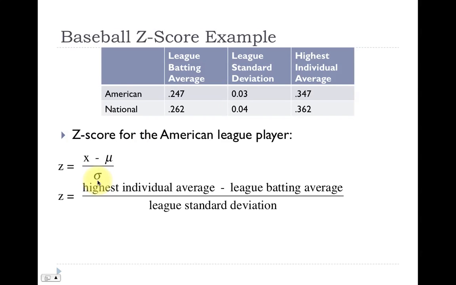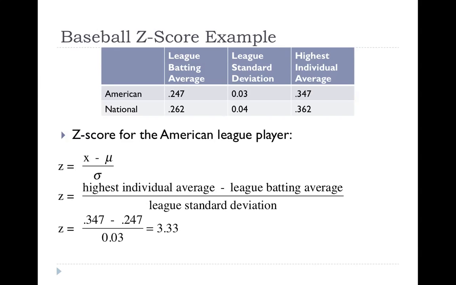So plugging that in, we have 0.347 minus 0.247 over 0.03. Okay, so on your calculator, remember to wrap the numerator in parentheses, and you'll get a z-score of 3.33, which is greater than 3 standard deviations away from the mean, which makes it an outlier.